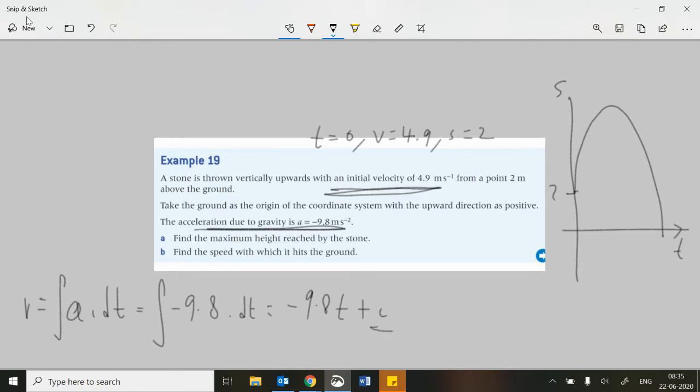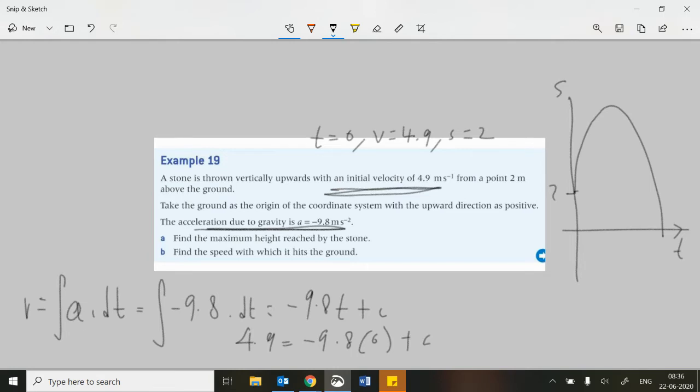Now, I can work out what c is because I had this information up at the top here. So when the velocity is 4.9, that's just over here, and I've got minus 9.8 t, and t, by the way, there is 0. Okay, t is 0, and then I've got my plus c there.